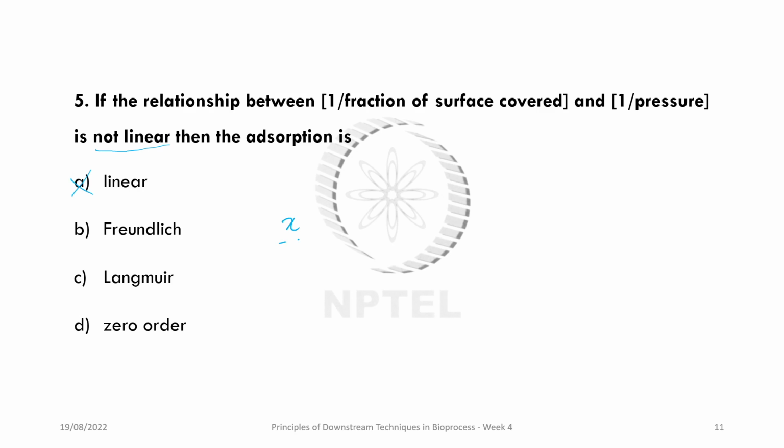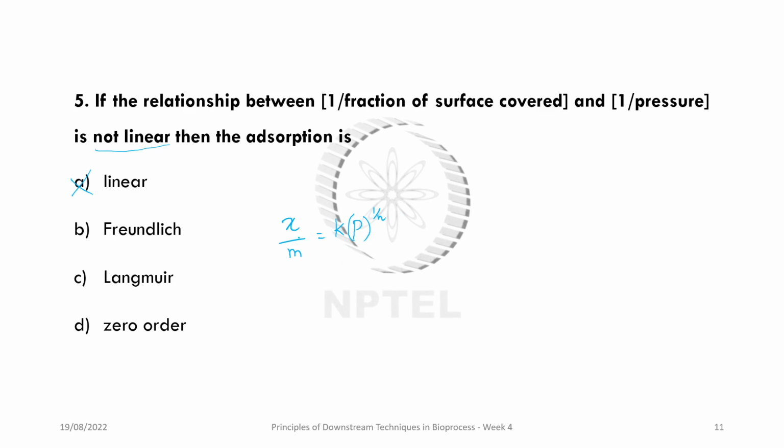So to help you, x by m is k into p power 1 by n. This was the equation for the Freundlich isotherm, right? So it's non-linear means this 1 by n is not equal to 1, or n is not equal to 1. It has some other value.